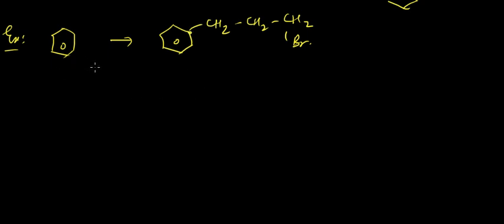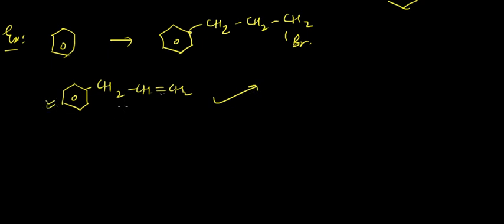So it should have come from something like CH2CH2CH2, CH double bond CH2, and if we somehow get this substrate, we can easily react it with HBr in peroxide effect to form this compound, right? So how do we get this?